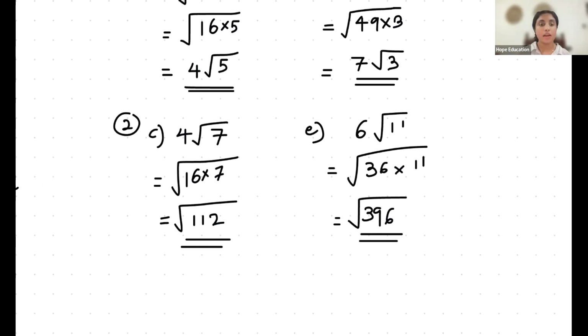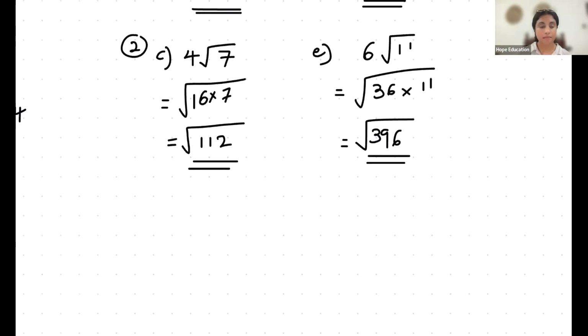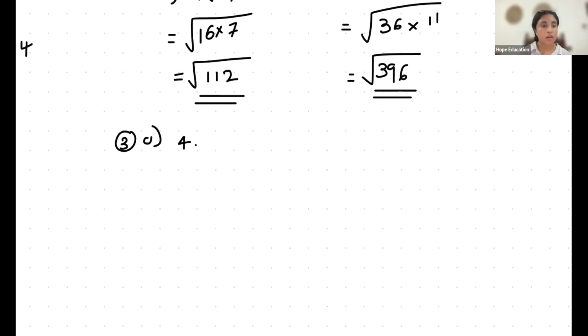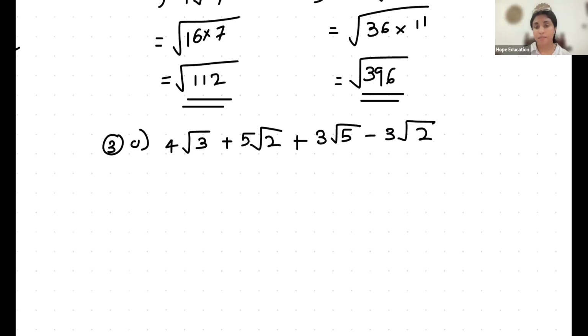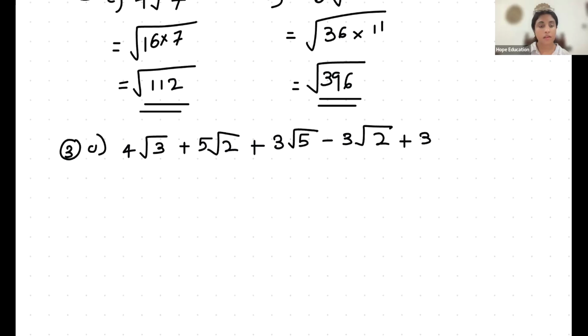Okay. Third question, C. Third question C is 4 root 3 plus 5 root 2 plus 3 root 5 minus 3 root 2 plus 3 root 5 minus 2 root 3.